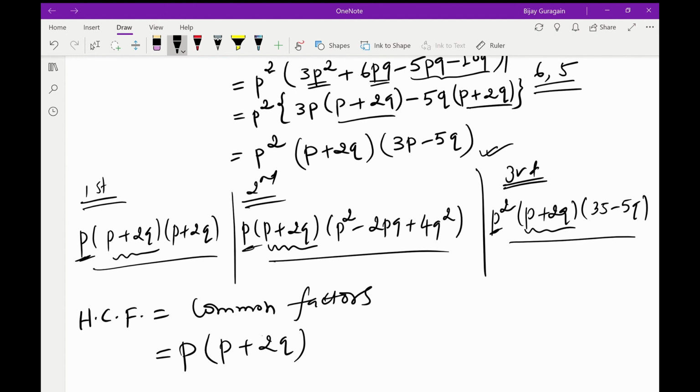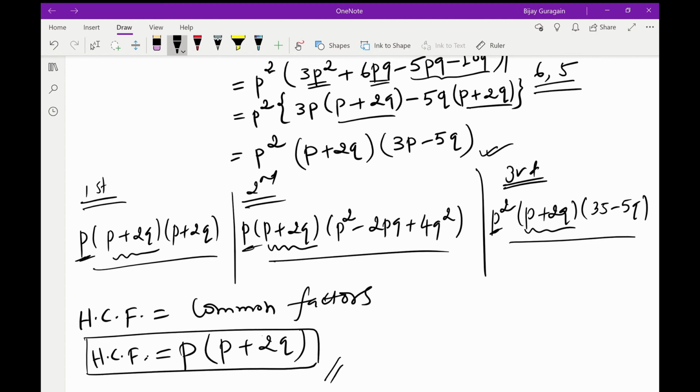Is there any other common factor? No. So the maximum common factor is p(p + 2q). This is our HCF, which is our final answer. Thank you.